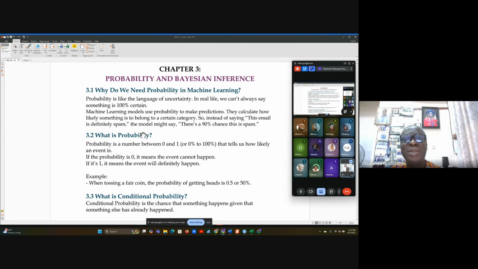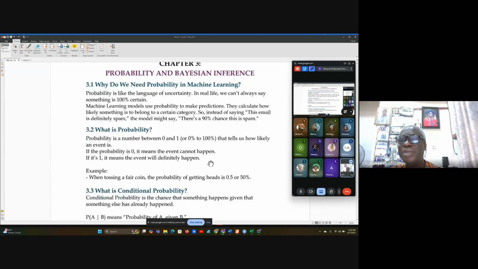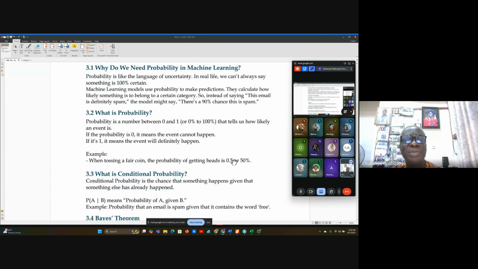Probability has to be expressed as a number, and that number is interpreted based on where it falls in the range between 0 and 1. If the probability is 0, it simply means the event cannot happen. And if it is 1, then it means it will certainly happen.